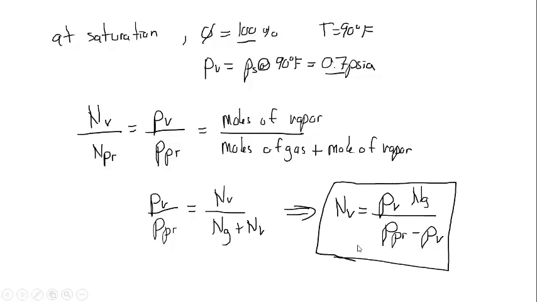So if I take that and start bringing in some numbers here. Let's look at the number of moles of gas. The number of moles of gas is going to be 1 mole of CO2 plus 0.6 moles of oxygen plus 9.77 moles of nitrogen, which gives me a total of 11.73 moles. Now this is excluding water.